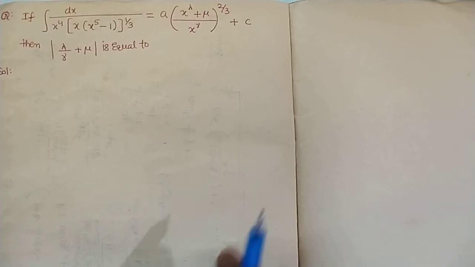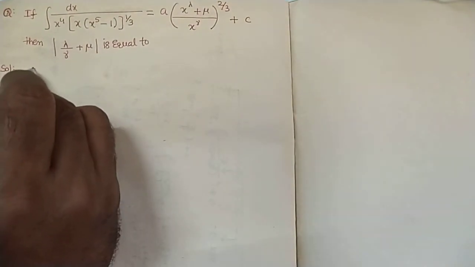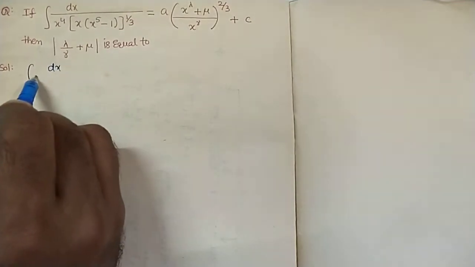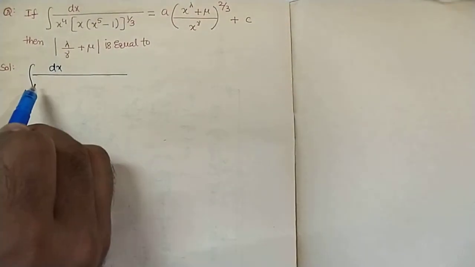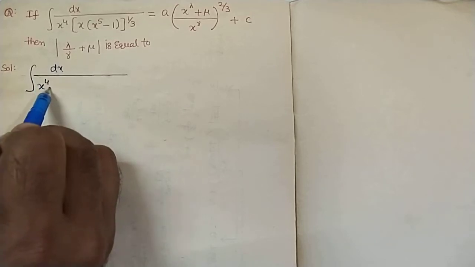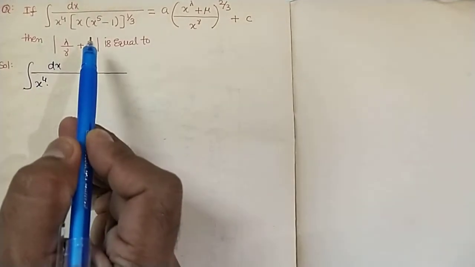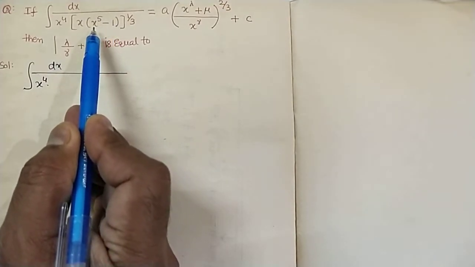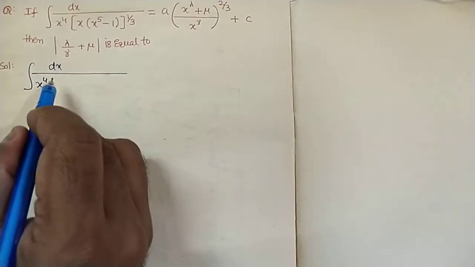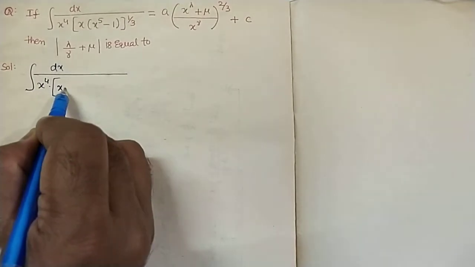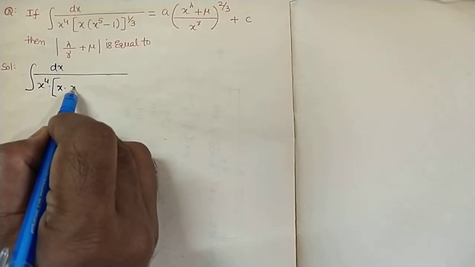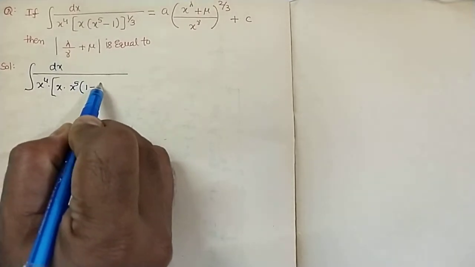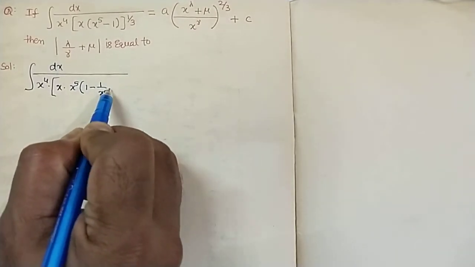So now first consider the given integral dx by x power 4 into bracket x power 5 minus 1. I am taking x power 5 common from this bracket. So x is already there, you can keep it like this only. After taking x power 5 common, it becomes 1 minus 1 by x power 5.